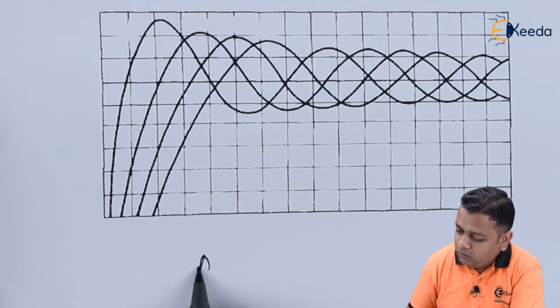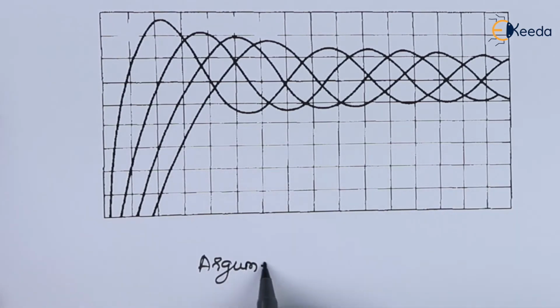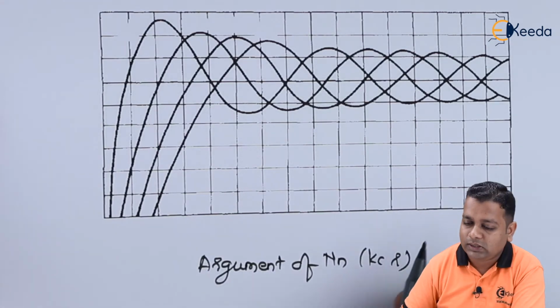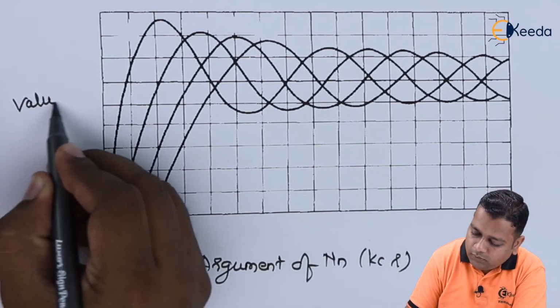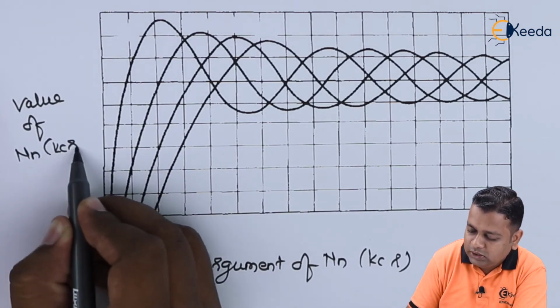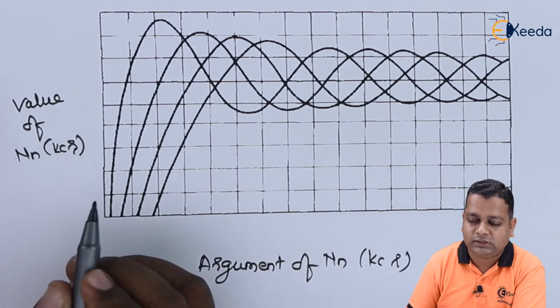So here we have the argument of Nn as a function of kc into r onto the horizontal axis, and the value of the function, that is Nn as a function of kc into r, onto the vertical axis.